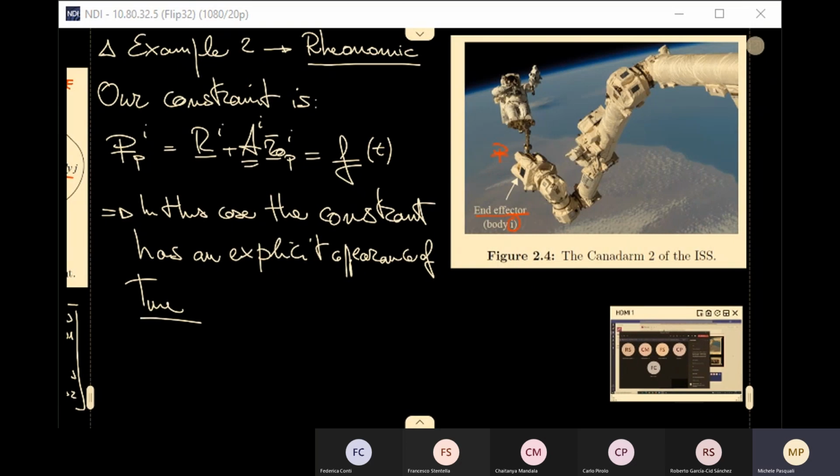This F is a motion. It means that you will eventually really force the components of the position vector of point P to follow a certain law of evolution with respect to time.